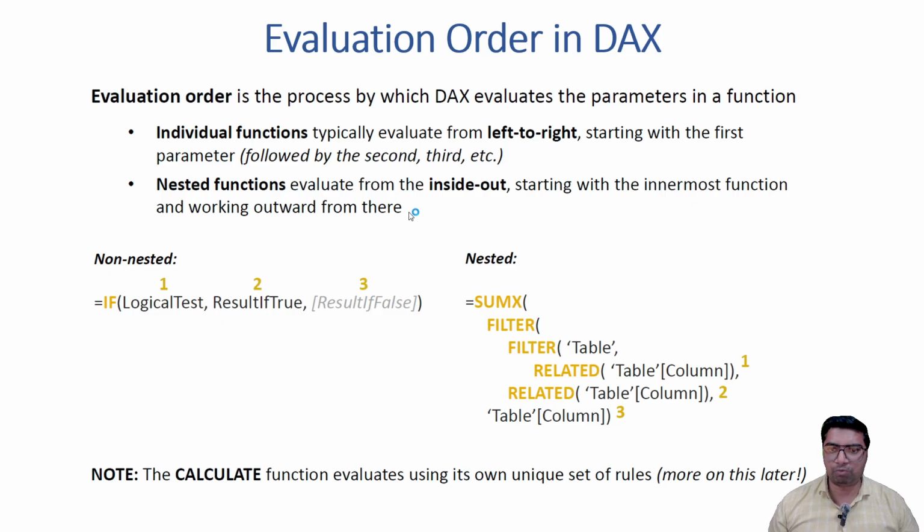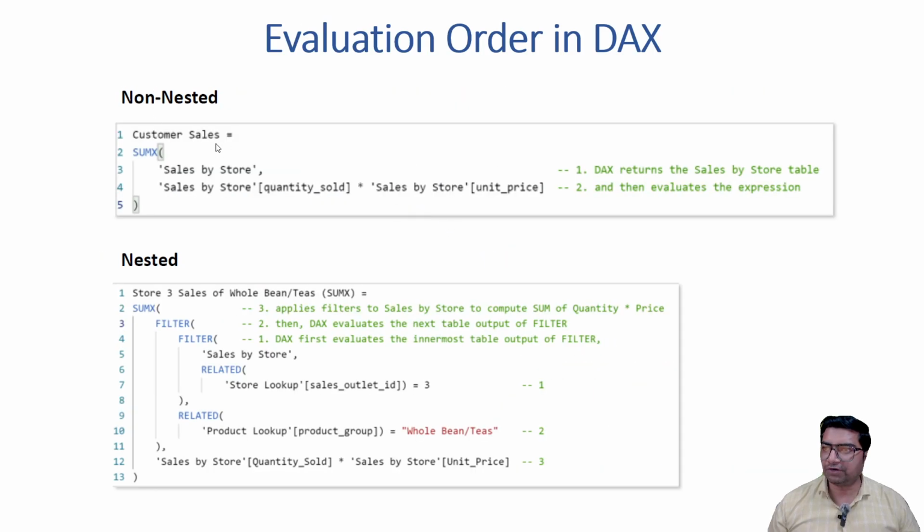Let's give some more examples. This function is a non-nested function, like the one we just created. It will go and evaluate the expression row by row and give the result.